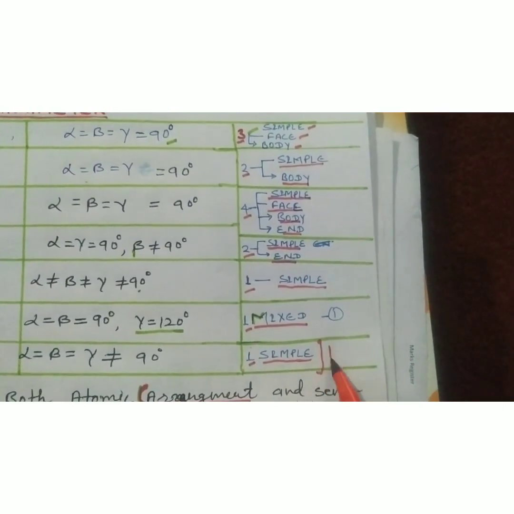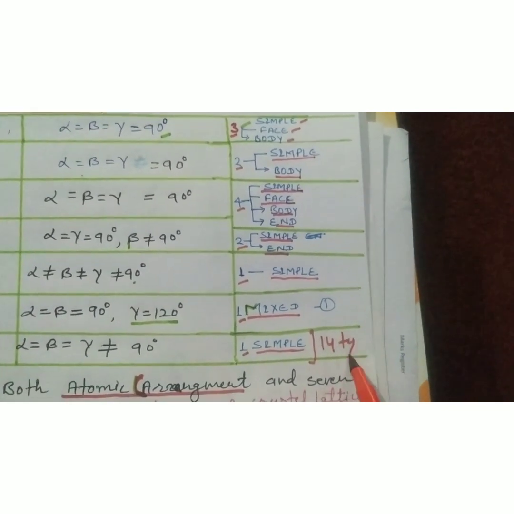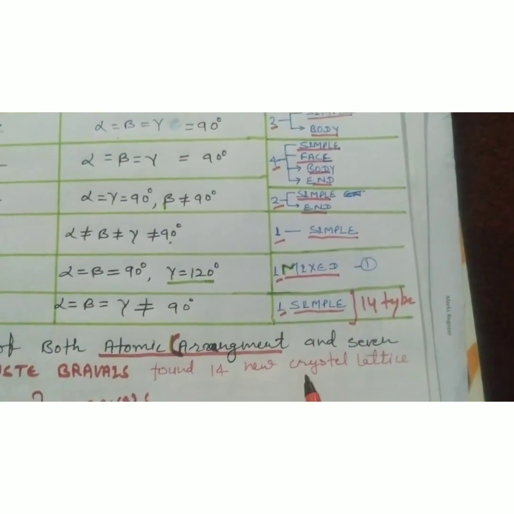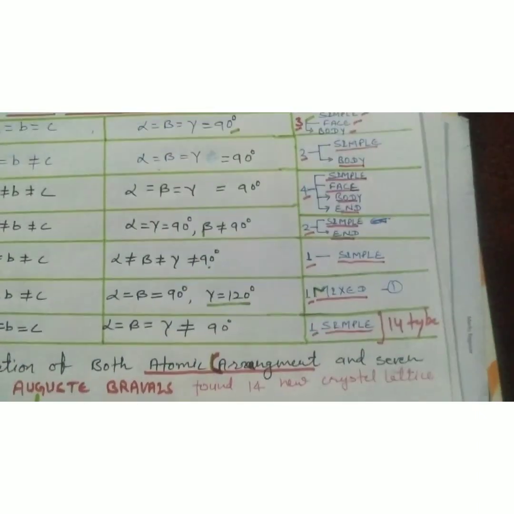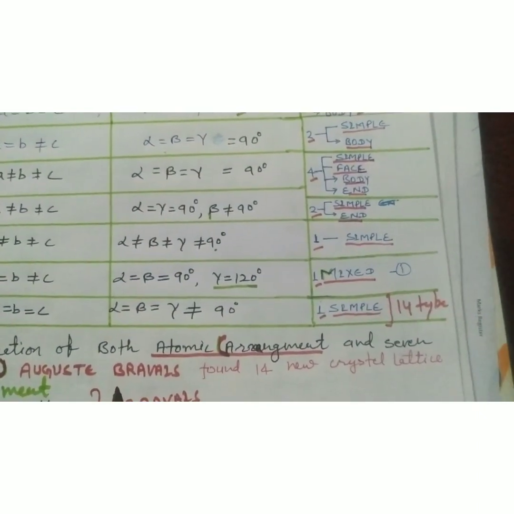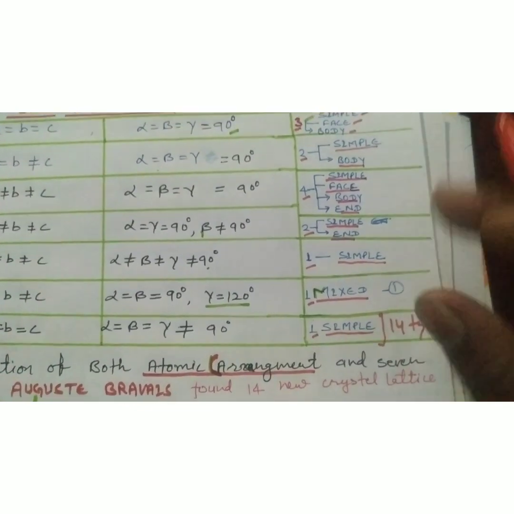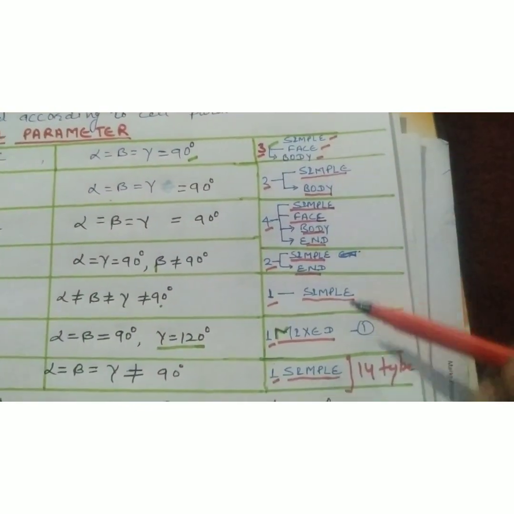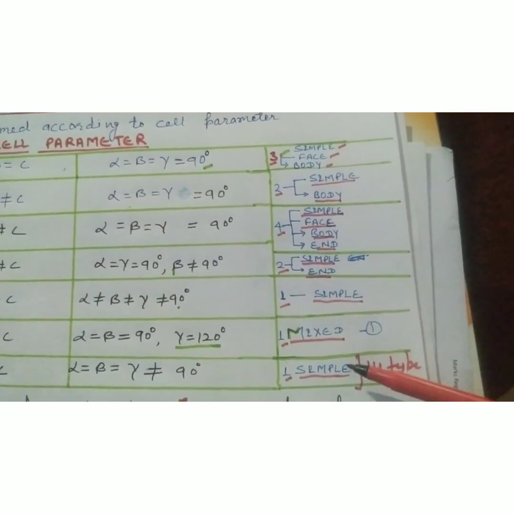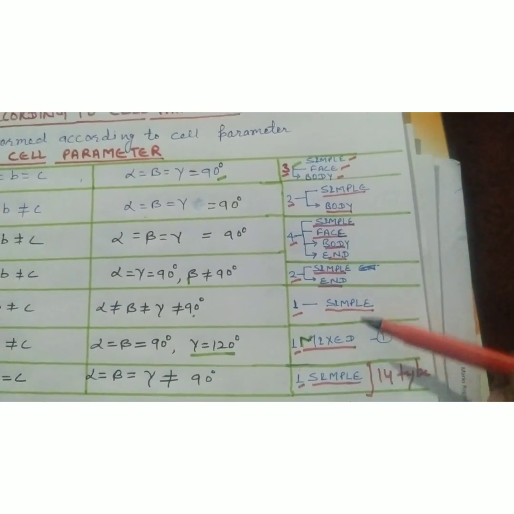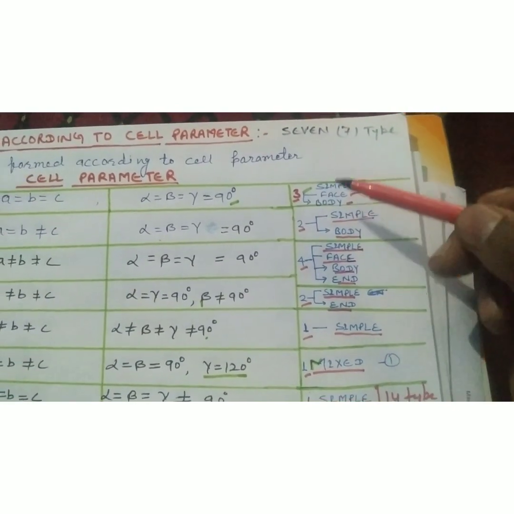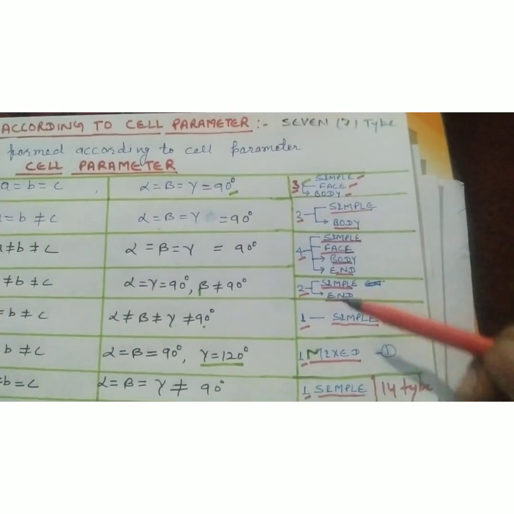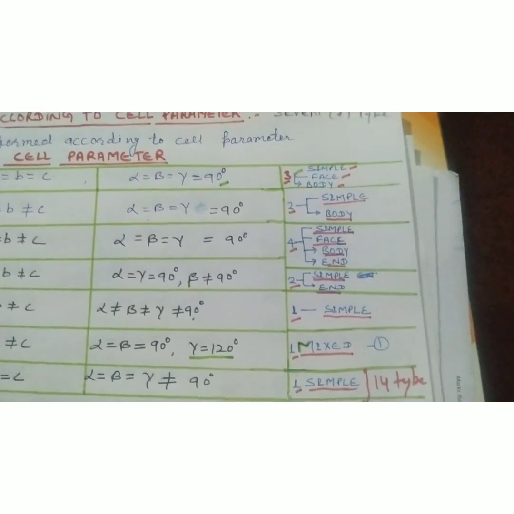This is a total of 14 types of crystal lattice, which was explained by Bravais, a French scientist. And this type of lattice is known as the Bravais lattice. Clear? He identified 14 new types of crystal system by X-ray crystallography techniques.